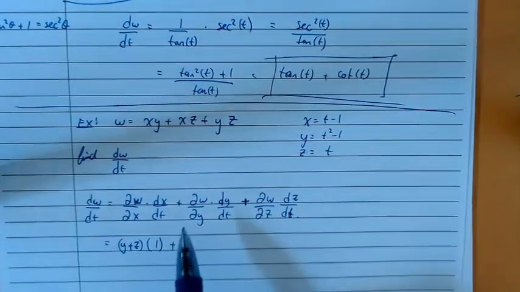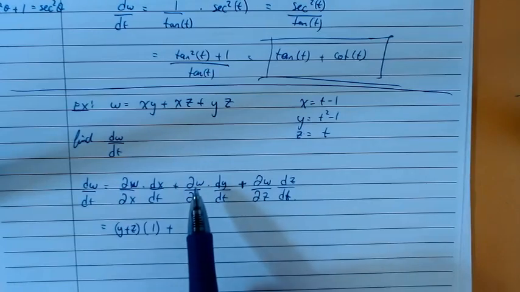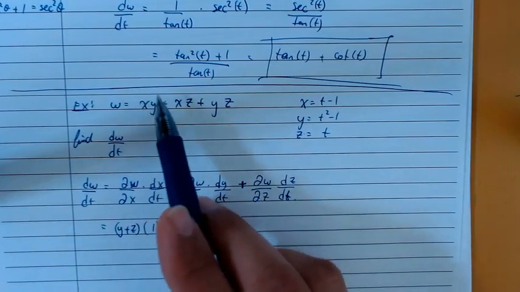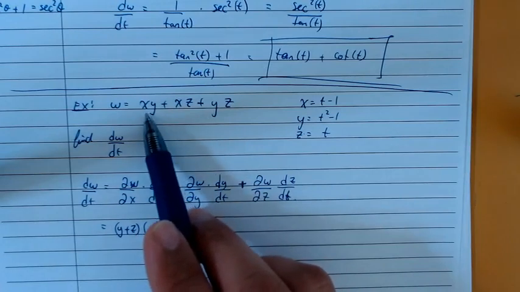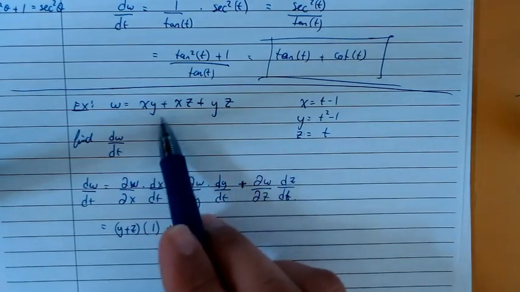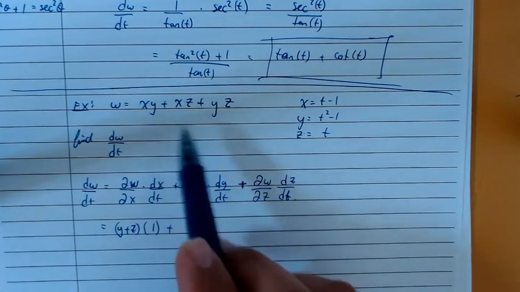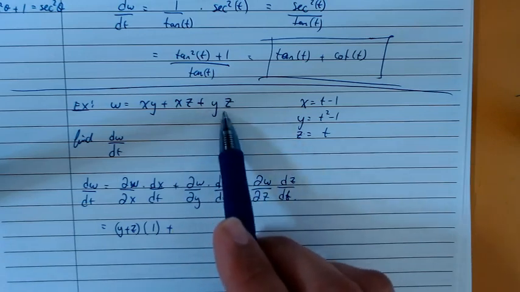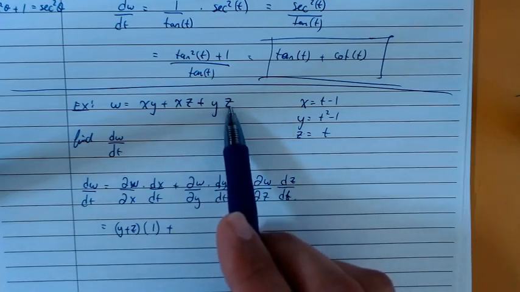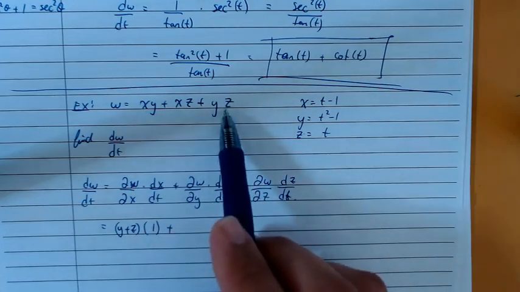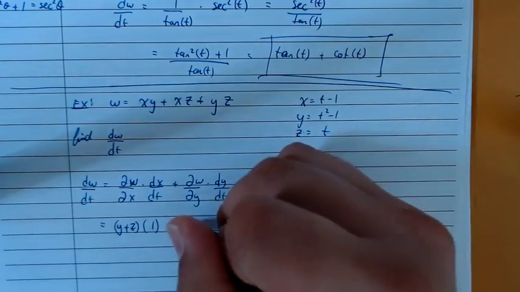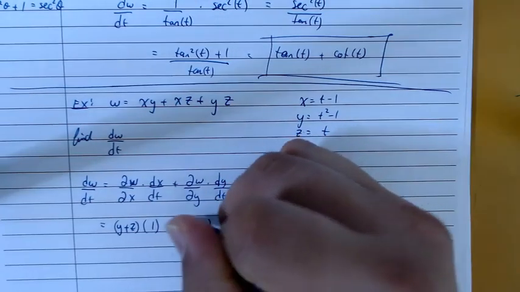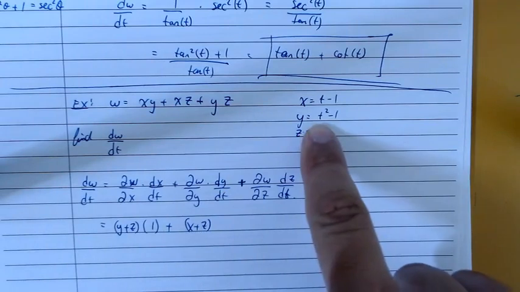Plus, if we want to now take the derivative of w with respect to y, well, with respect to y, that derivative is x. With respect to y, that's a constant, so the derivative is 0. And the derivative with respect to y here is just the coefficient z. So you're left with x plus z. We don't worry about the 0. Times the derivative of y with respect to t.